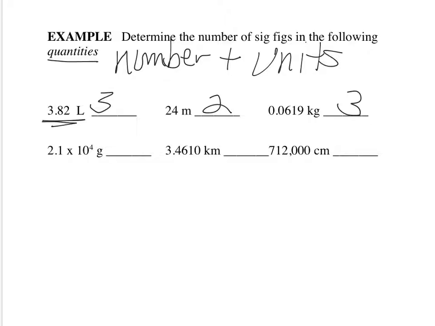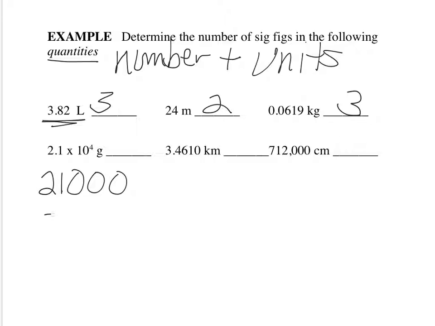Now, near the end of this lesson, we are going to talk about scientific notation. And you probably have a little bit of an understanding about scientific notation already. But we see that 2.1 times 10 to the 4th grams, because that exponent is positive, that means it's a really big number. So that decimal point goes to the right 4 places, and it's the same thing as saying 21,000 grams.